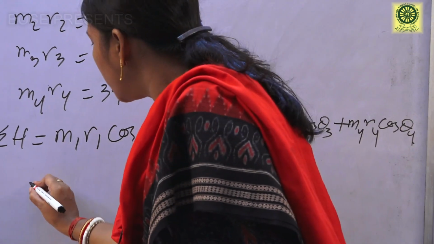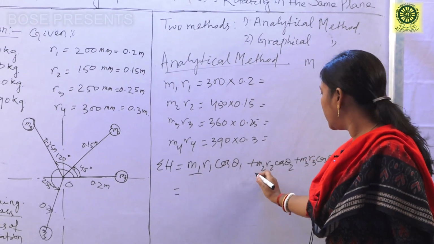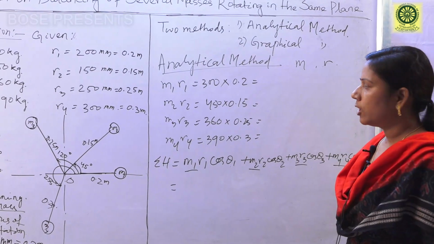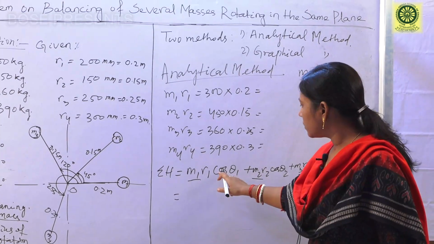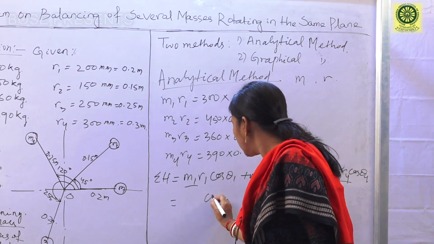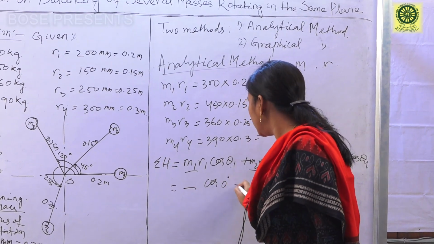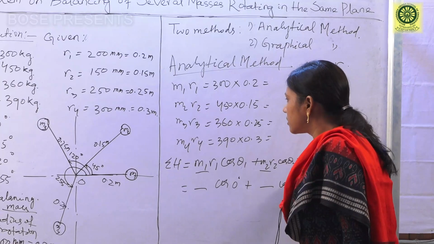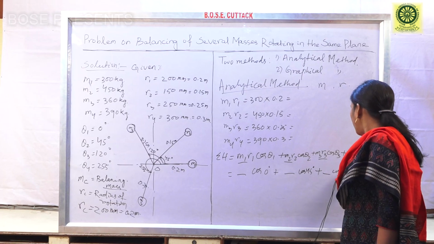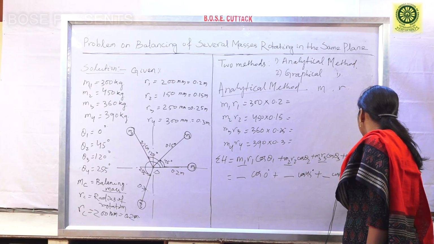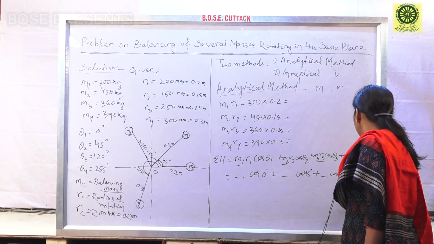Here you have already calculated the values of M1 R1, M2 R2, M3 R3 and M4 R4. So you have to put all these values here, into cos of theta 1, that is 0 degree. Similarly, cos 45 degree, plus cos 120 degree, plus this value into cos 255 degree.